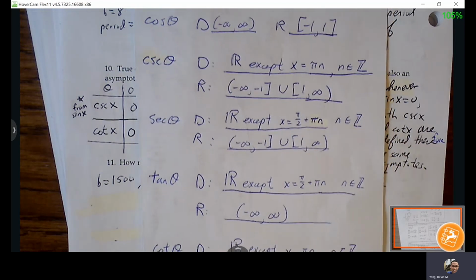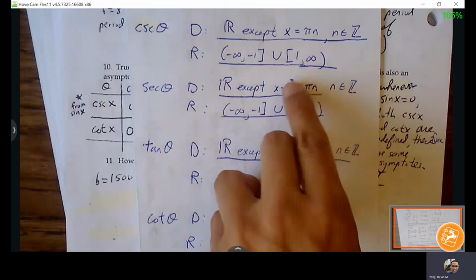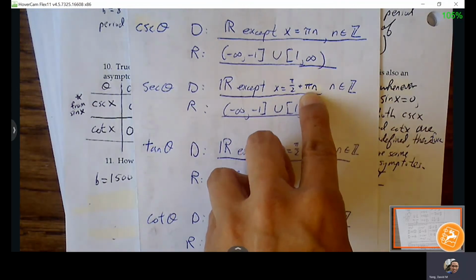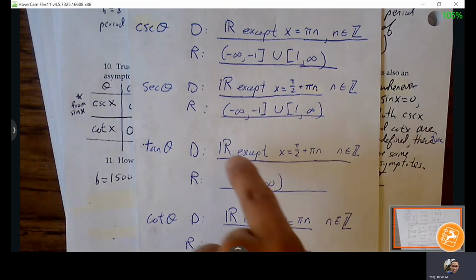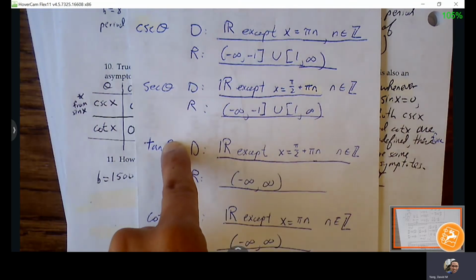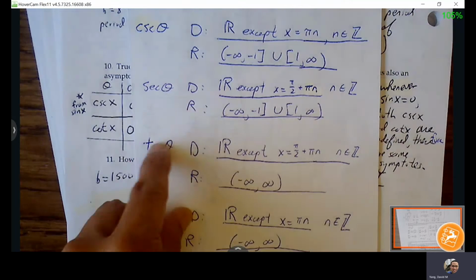For secant, it's going to be pi over 2 plus pi n, because those are all places where cosine is 0. Wherever cosine is 0, it's going to be the asymptotes, and then we just identify that first location and add pi n. And then tangent is sine over cosine, so it's going to share the same asymptotes as secant.